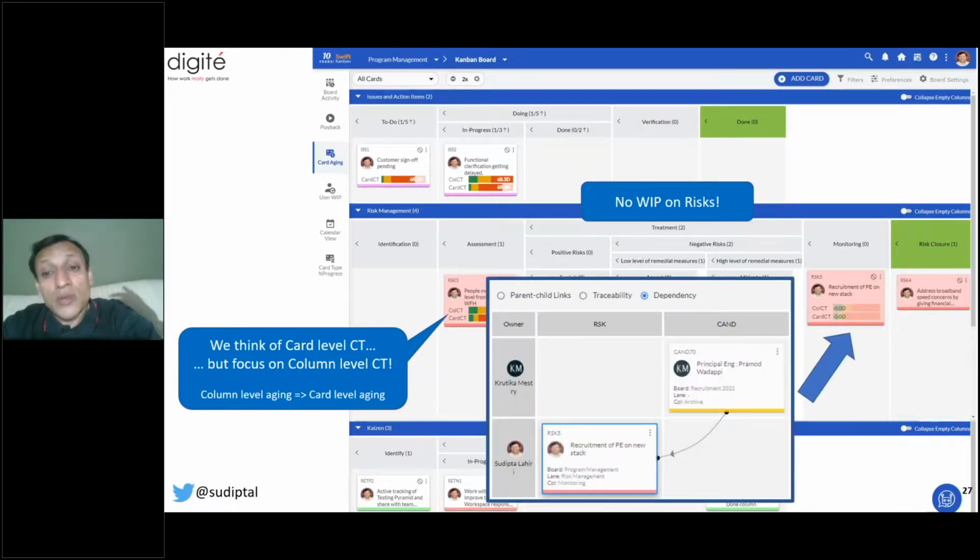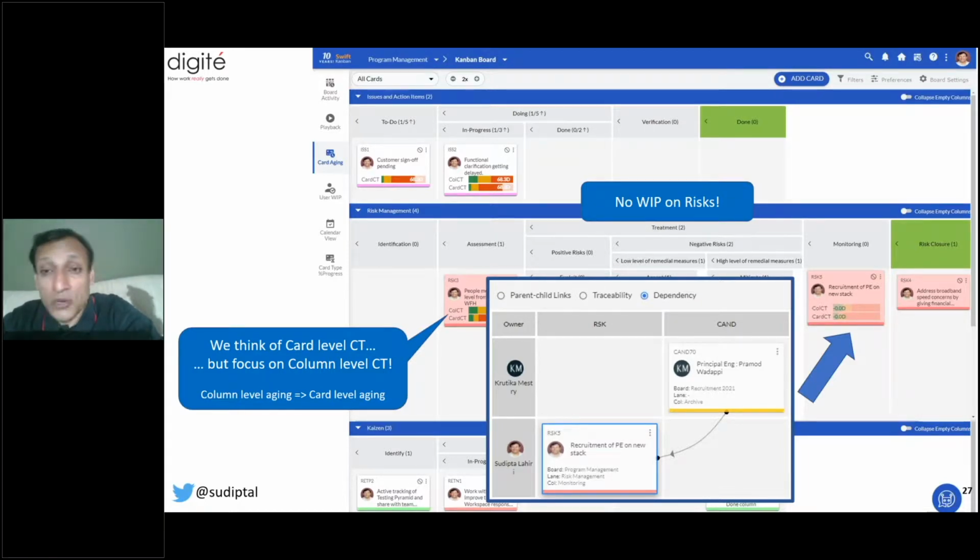Make sure that you're able to build your dependencies between all your qualitative aspects. So if you have a risk which is dependent on a principal engineer being recruited, make sure that you have put the dependency so that if that recruitment fails, that risk is now materialized. It's now an issue. It's no more a risk. And you need to, at that point of time, do something about the issue.